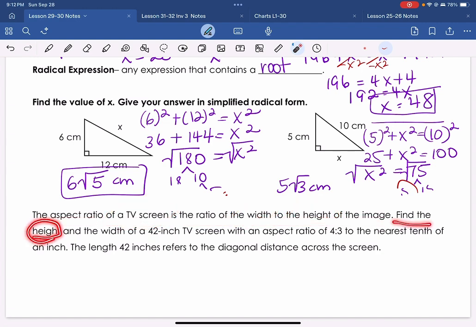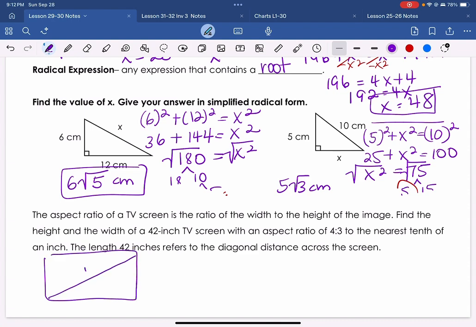Find the height and the width of a 42-inch TV screen with an aspect ratio of 4:3 to the nearest tenth, so they want decimals, 1 decimal place, of an inch. The length 42 inches refers to the what? The diagonal distance across the screen. So if we were to draw this screen, they're telling us the diagonal is 42 inches.